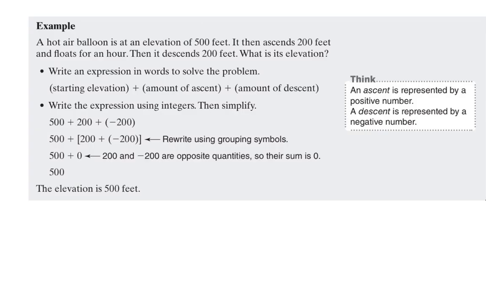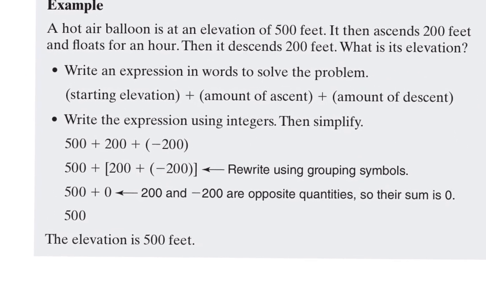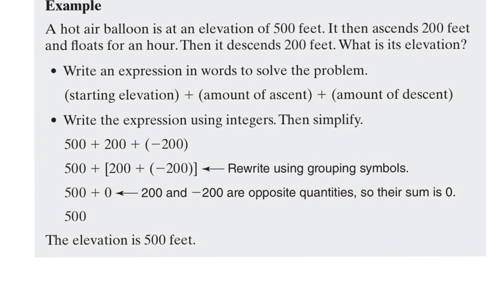As another example, we have a hot air balloon that's at an elevation of 500 feet. It ascends 200 feet and floats for an hour, and then it descends 200 feet. So what is its elevation?